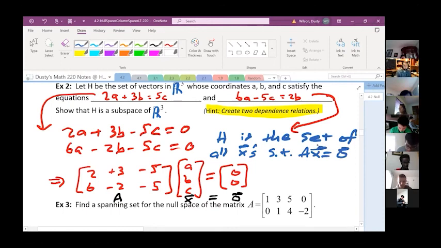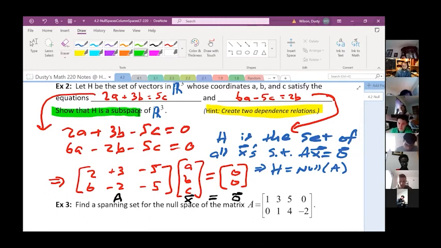But this is the same as saying that H is equal to the null space of matrix A. And the question is asking us to show that H is a subspace.